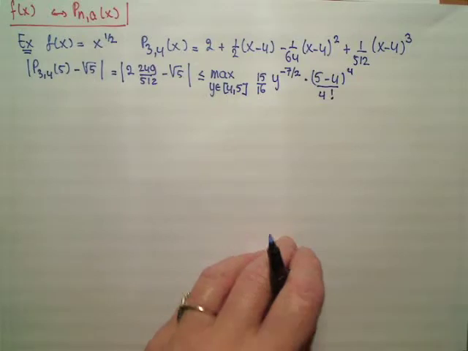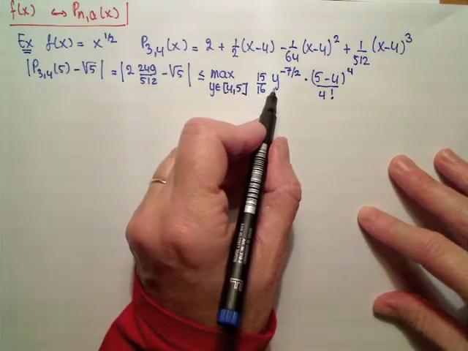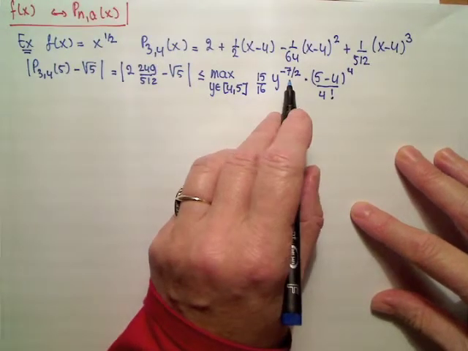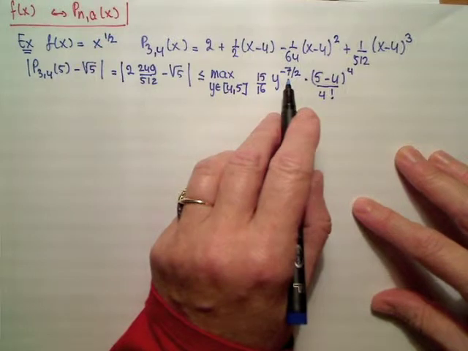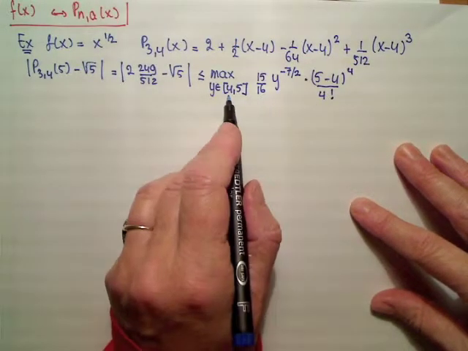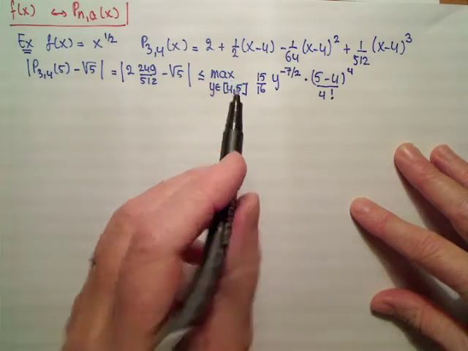Now, what is the maximum value of this function y to the power minus 7 over 2? Well, the power is negative, so we have seen earlier already that the function decreases. So the maximum value is taken for the smallest possible value of y, which is equal to 4.